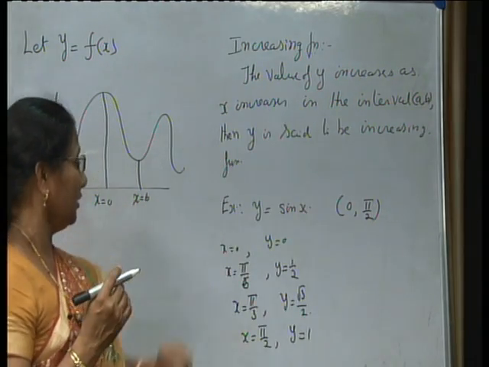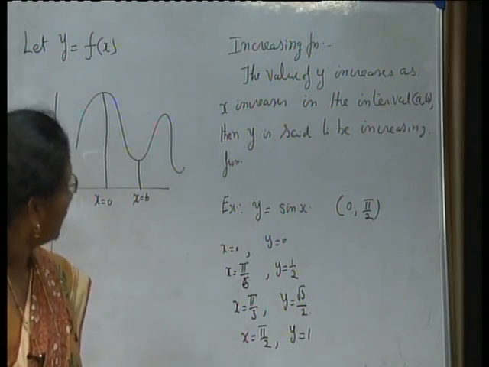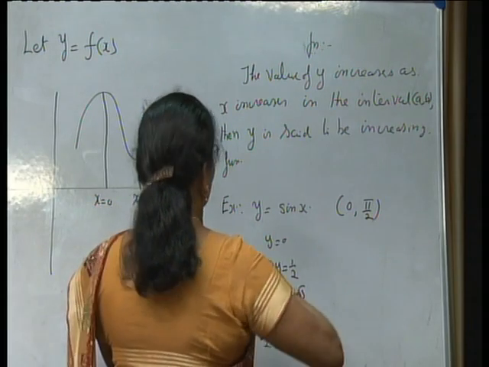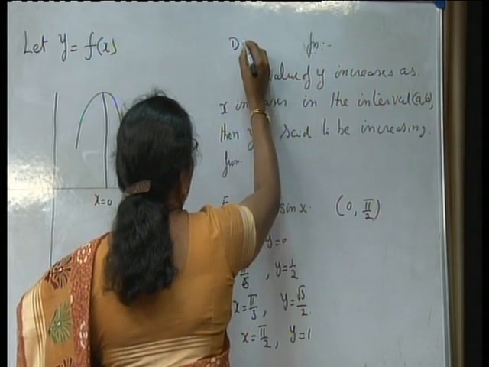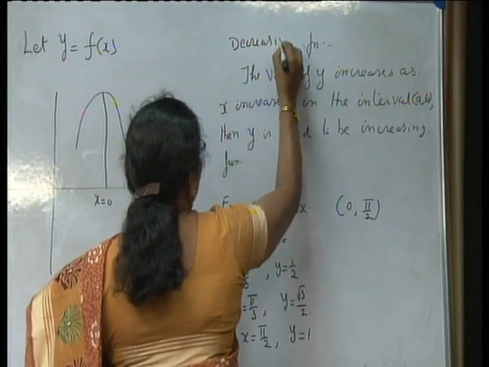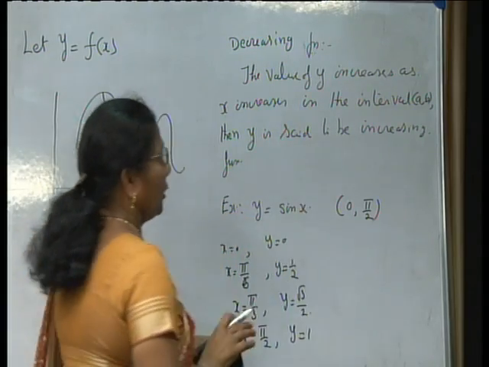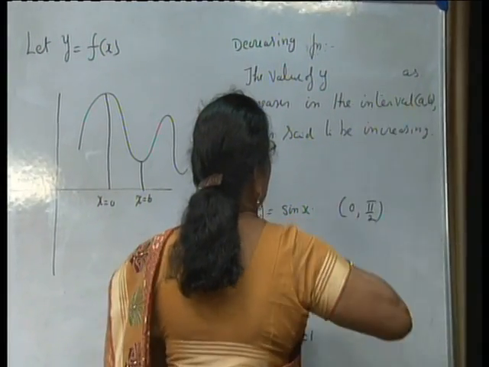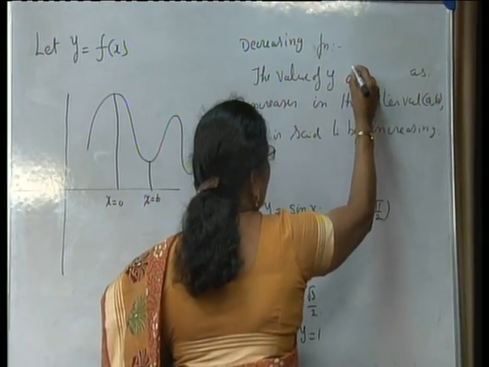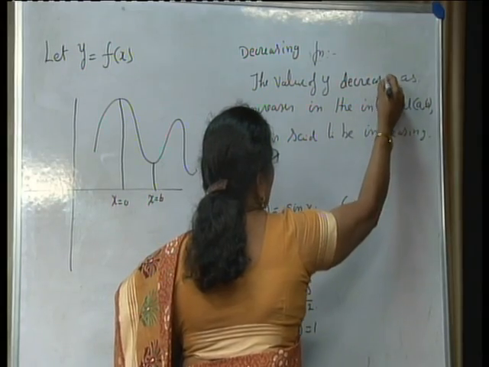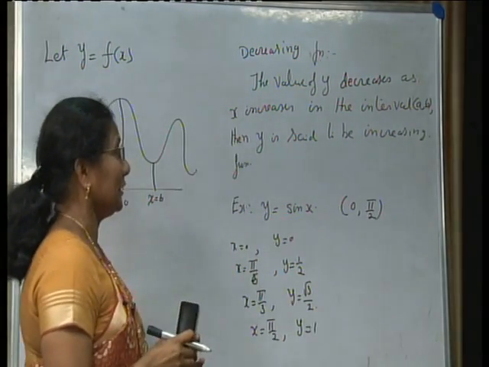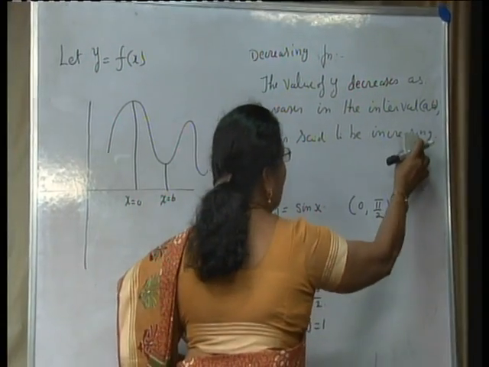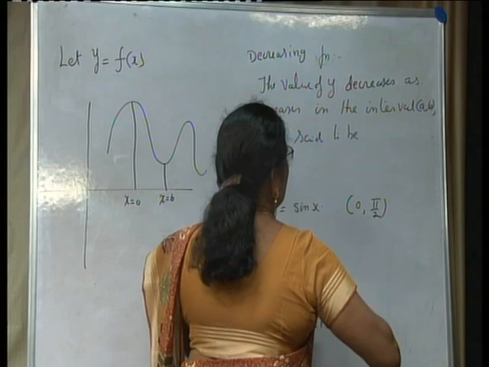Then the next, decreasing function. The value of y decreases as x increases in the interval AB, then y is said to be a decreasing function.